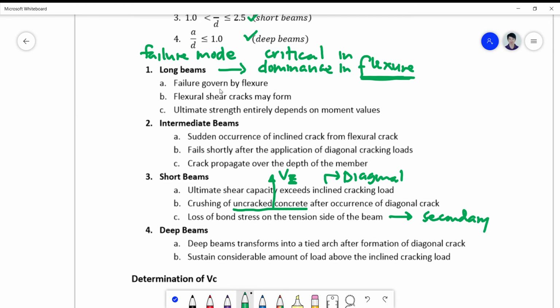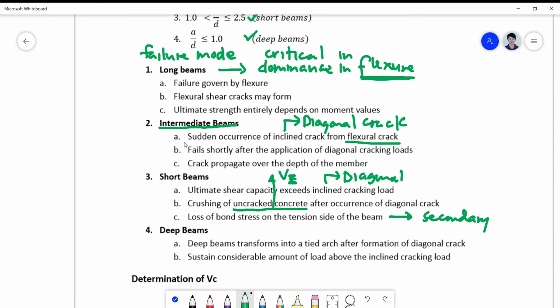After your long and short, we can now go into the middle, which is the intermediate beam, wherein the sudden occurrence of an inclined crack will still be a part of your flexural crack. Still very much the same, but there's already your diagonal crack here, meaning to say it's now a combination of flexure and shear. It fails shortly after the application of diagonal cracking loads, and the crack propagates over the depth of the member.